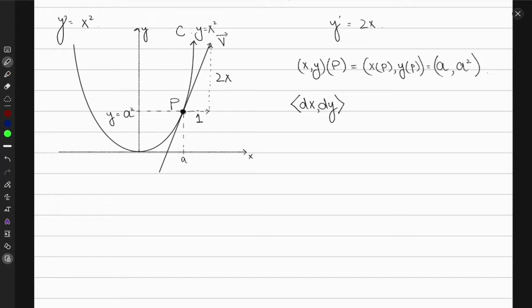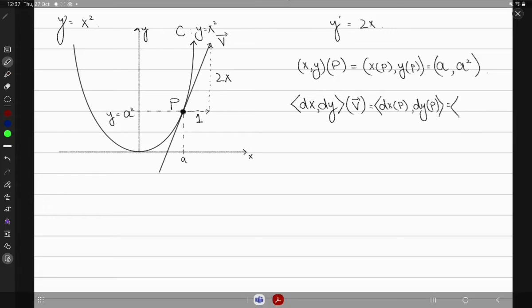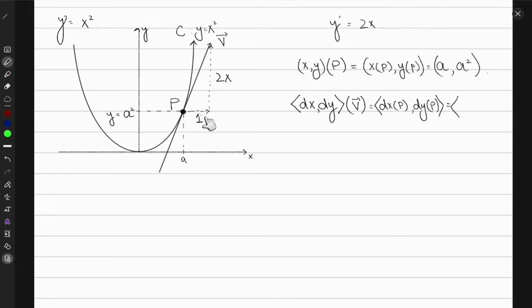And these are defined on the vector V, so it will be dx at P, dy at P. And we can see from this that dx at P is this 1, right? This is the dx, so it is 1. dy at P is this one. dy at point P is 2x.